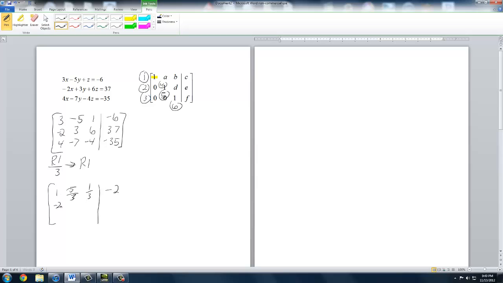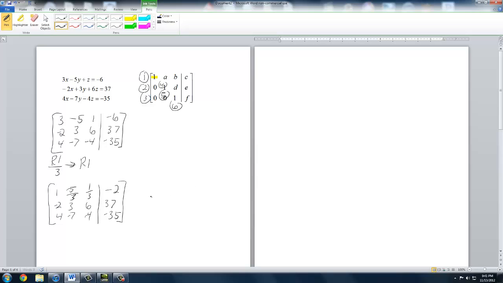The others are just copied down. Four, negative 7, negative 4, negative 35. The tablet's not agreeing with me very well here today.